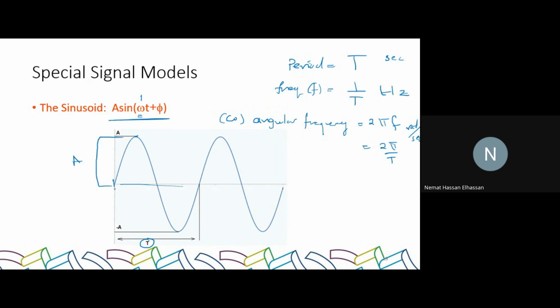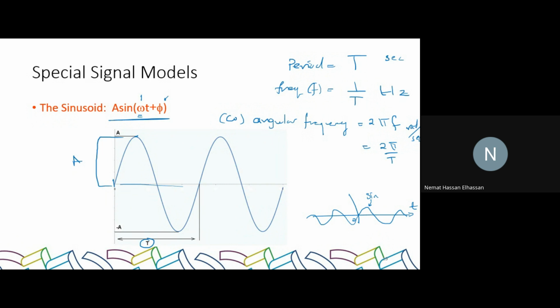And finally, we have this theta, and we call this the phase shift. What does that mean, phase shift? Now, if you look at this signal, let's say that this is 0 and this is time. This is a sine signal, okay?